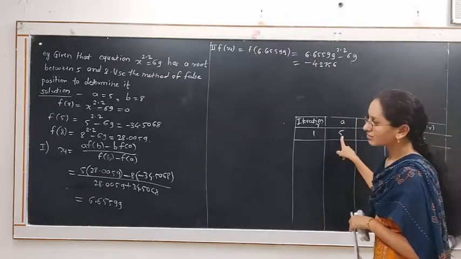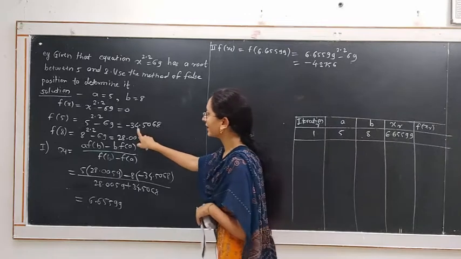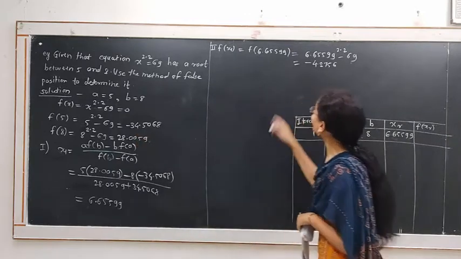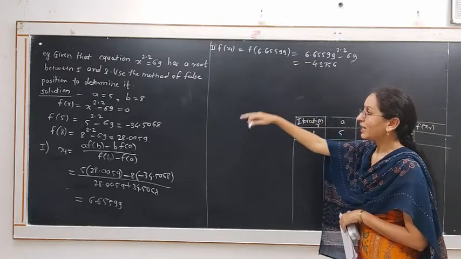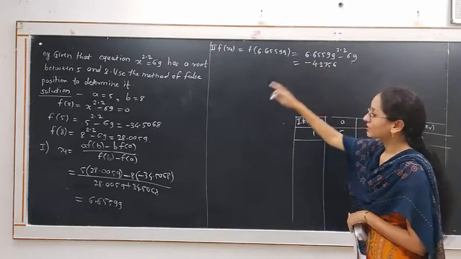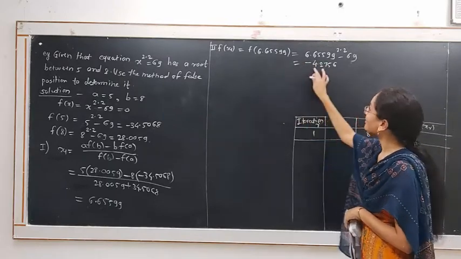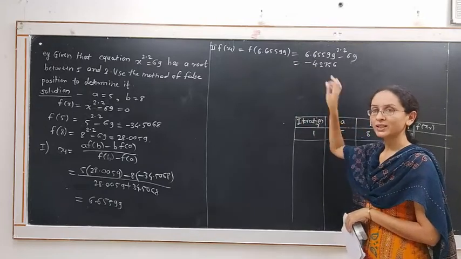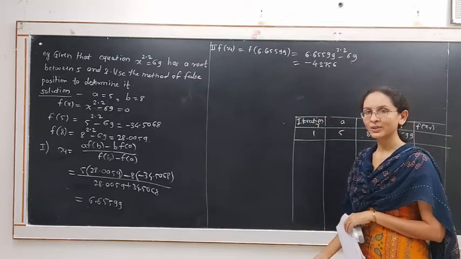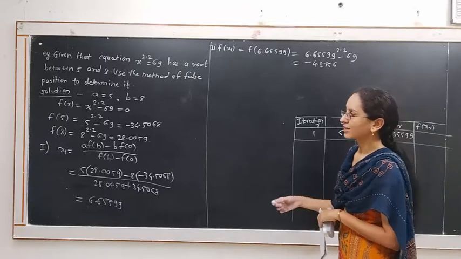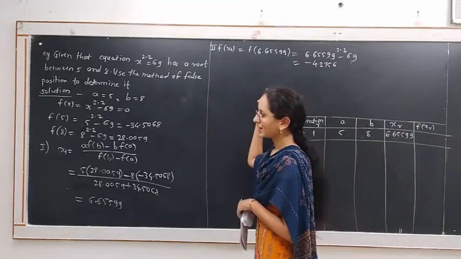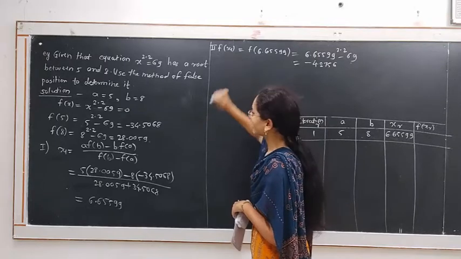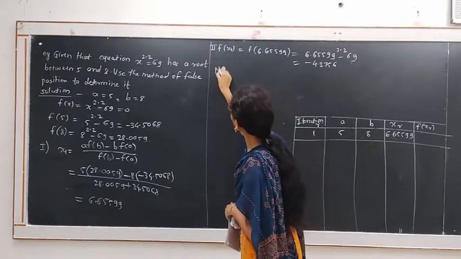The sign of f of a is negative and the sign of f of x1 is negative. Hence the product of f of a and f of x1 is positive. We require it to be negative so that we can find the root between those two points, namely a and x1. But the product of f of a into f of x1 is positive.